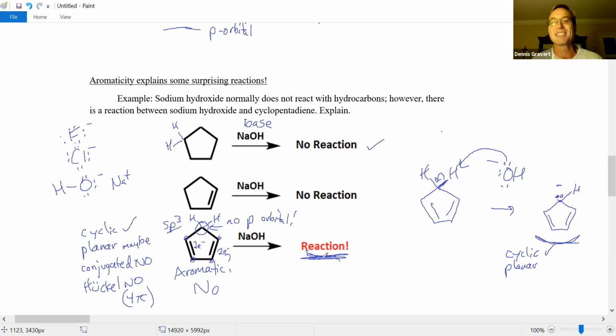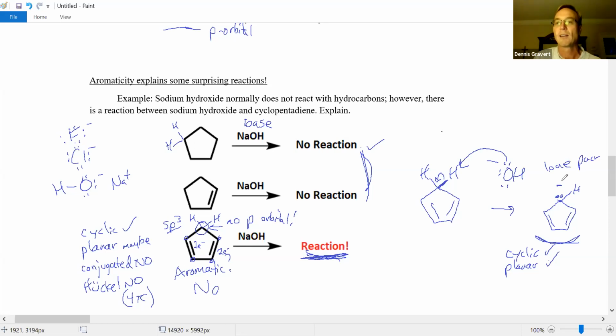Nature says this reaction goes forward, where most of the time we would say, carbon's not an acid. It shouldn't work. Why is it working here? That's so unusual, surprising. Because aromaticity is involved. So nature is allowing this to become sp2.